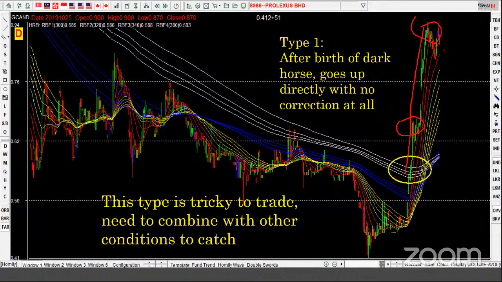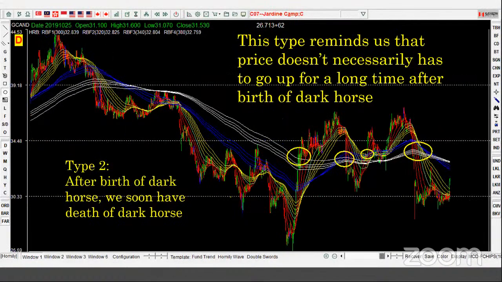Okay, and then a second type is after the price breaks up the Y line of Homily chart rainbow, it may drop below the Y line again, like this. And the second time it goes back above the Y line, it drops below again. So it means finally it failed.